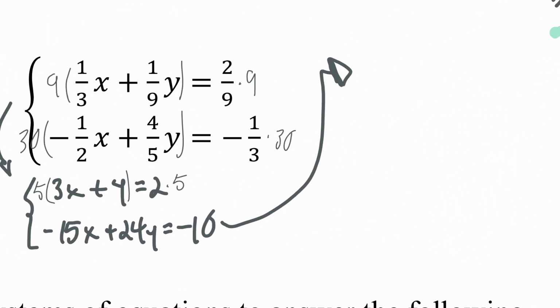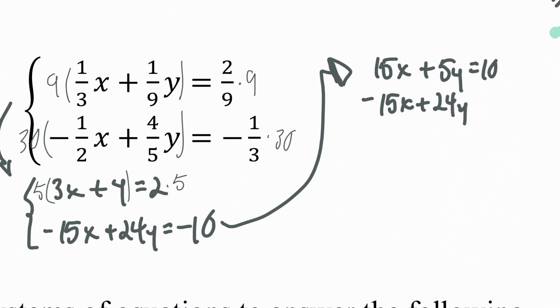So 15x plus 5y equals 10. And then minus 15x plus 24y equals -10.